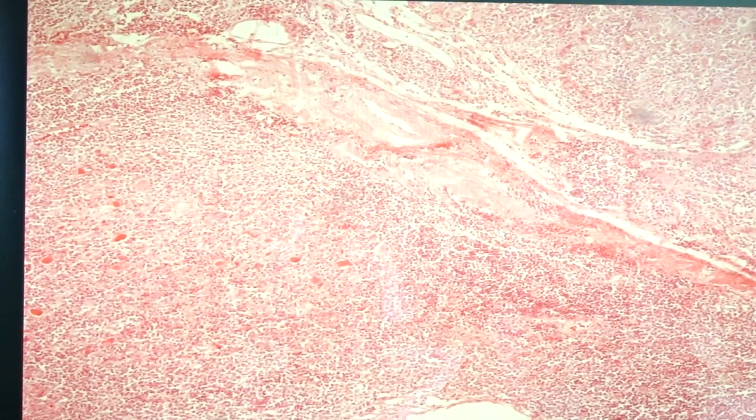We have to look for a thyroid follicle. This one. Okay, so we see a thyroid follicle here. And then you see a lot of inflammatory cells, mononuclear cell infiltration, areas of fibrosis, like in this case, because of the tissue destruction.